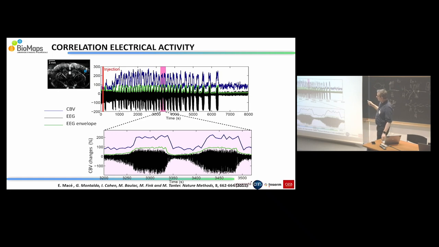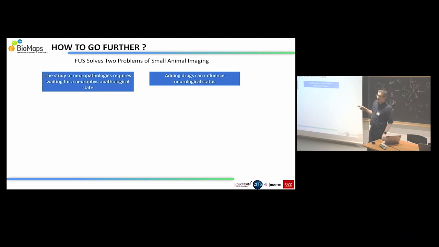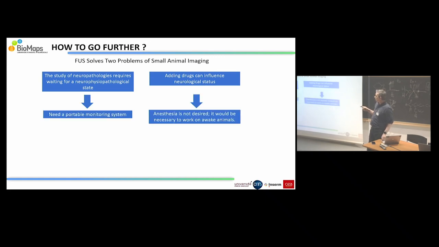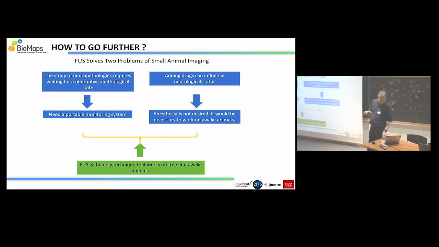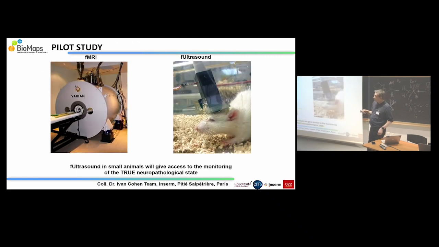And now we always did that with an anesthetized rat, but how to go further? When you do this experiment, you need to make the rat sleep. So you need to use isoflurane or other drugs.